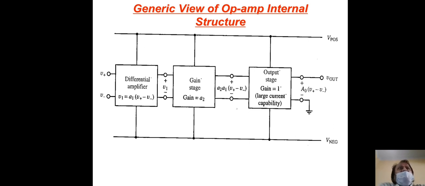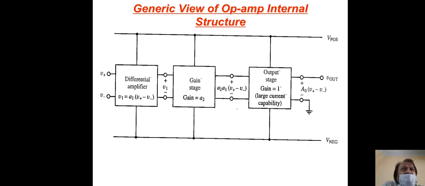In the generic differential amplifier, there are 3 known stages: the differential amplifier, the gain stage amplifier, and the output stage. First, you take the difference between the two input terminals, V positive and V negative.